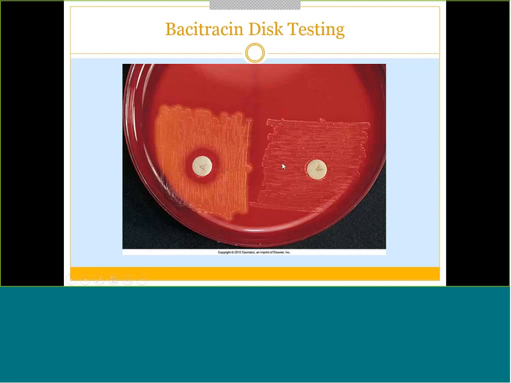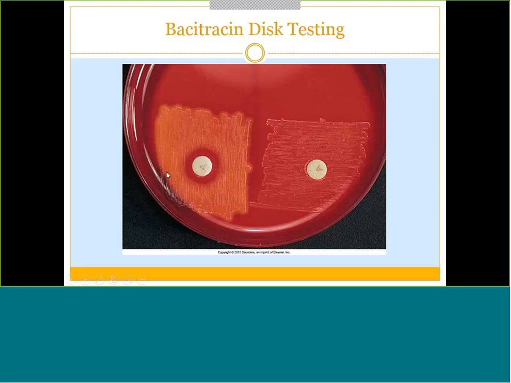That would be the right side. So you can see how this one test will differentiate whether you have group A Strep pyogenes or group B Strep agalactiae. Because remember, they're both beta hemolytic, they're both gram-positive cocci, they're both catalase negative. You have to figure out what you have, so this test will allow you to do that.